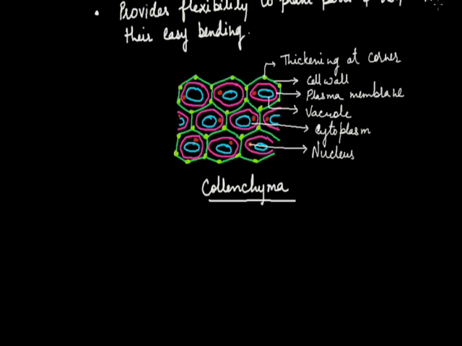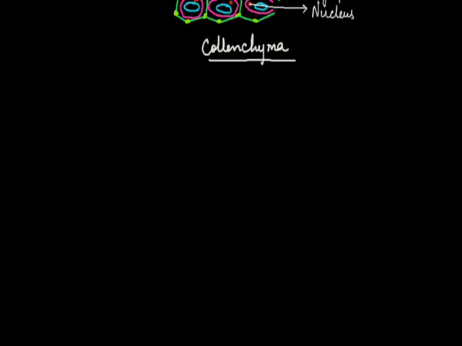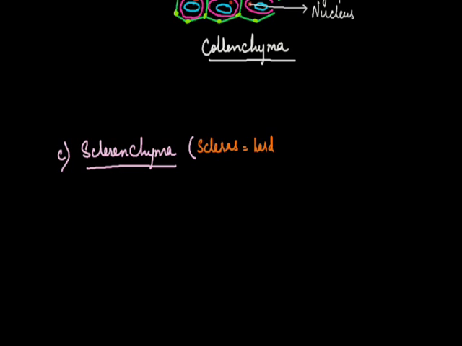Now the third type of supportive tissue is the sclerenchyma. Sclera means hard. These are pure mechanical tissues, providing support and strength to the plant parts. Sclerenchymatous tissue is the dead mechanical tissue because the cells are dead.